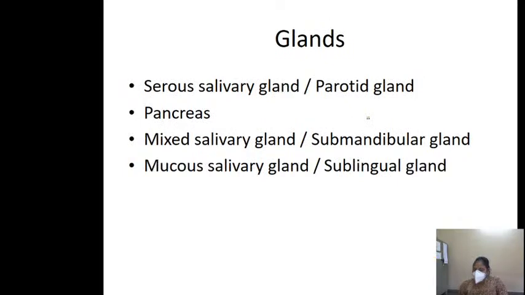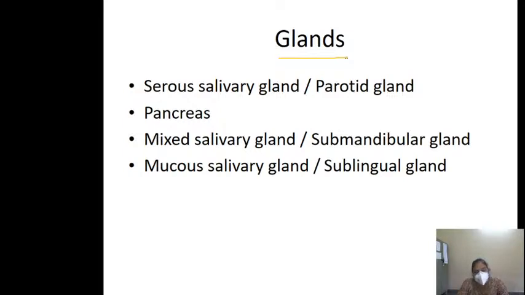Now we will move on to the glands. In the glands category, you know the different types of glands. I am not going into the theoretical aspects of the glands. You have unicellular glands and multicellular glands.